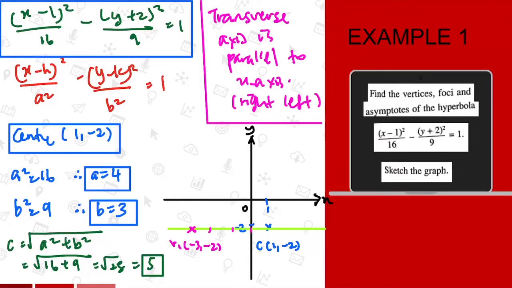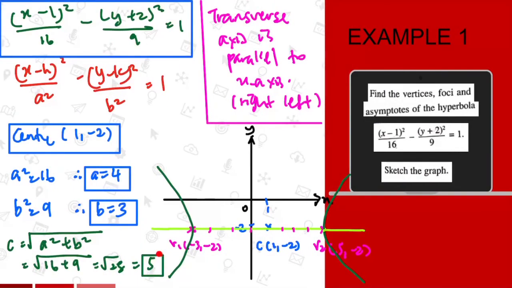From this point (1, -2), let's move to the right by 4 units. So your new coordinate for V2 is equal to (5, -2). I finish pointing out the vertices. Therefore, let's straight away graph our hyperbola, opening right and also opening left.